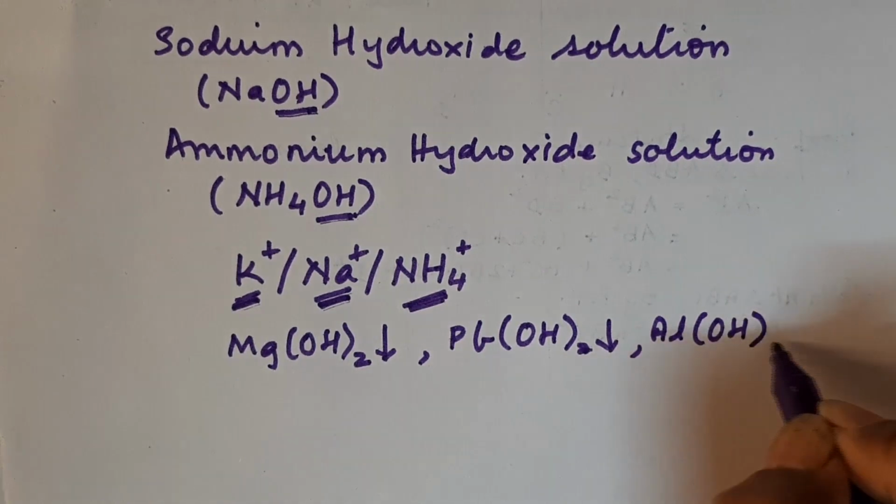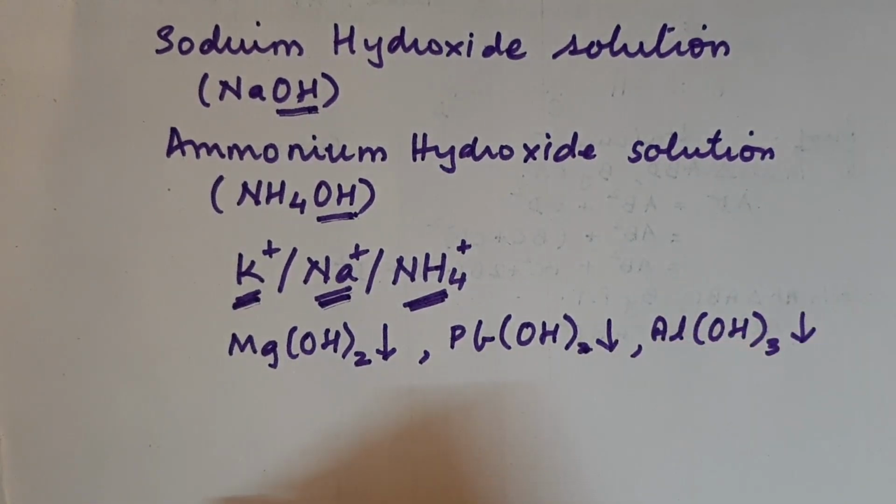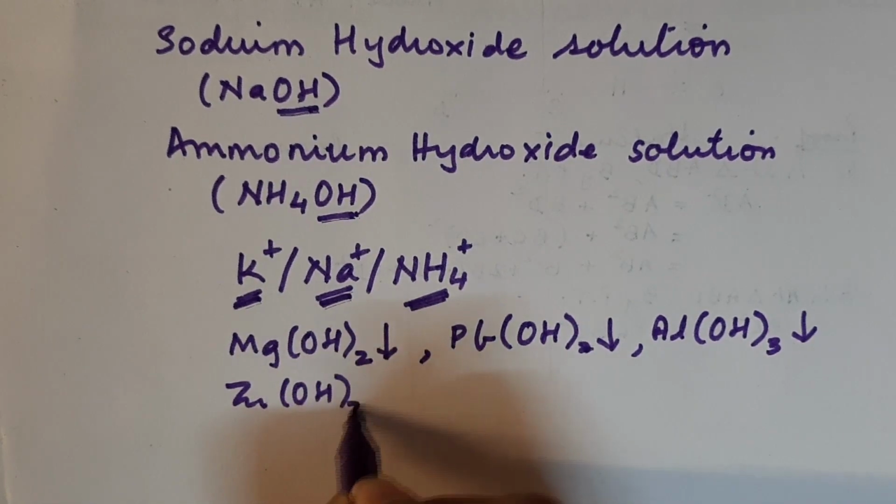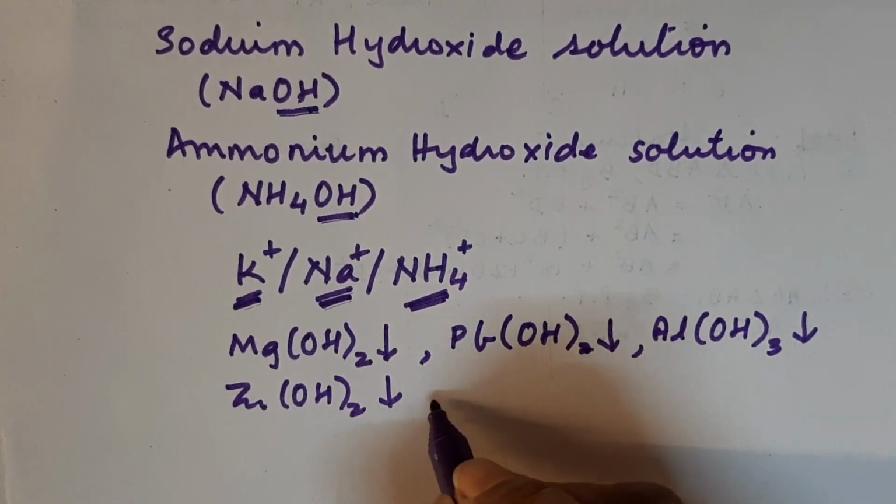Pb(OH)2 will be insoluble, so that will be a precipitate. Al(OH)3 will be insoluble, so that will be a precipitate. Zn(OH)2 is going to be insoluble, so that will be a precipitate.